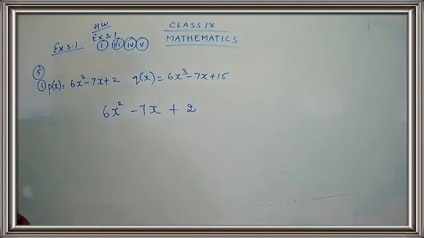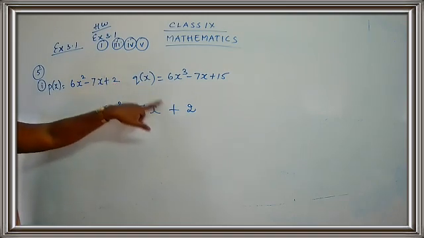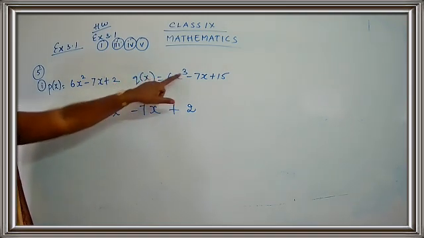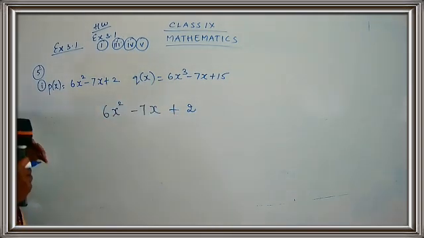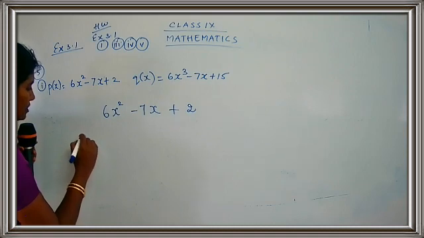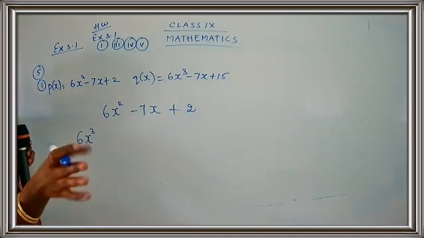Now for the second polynomial, here the power was 2, power was 1 and power was 0. So 2, 1, 0. Now here the power is 3. So that means 3 is there but 2 is not present. So children, I am going to start here with 6x cube. There is no term for power 2.